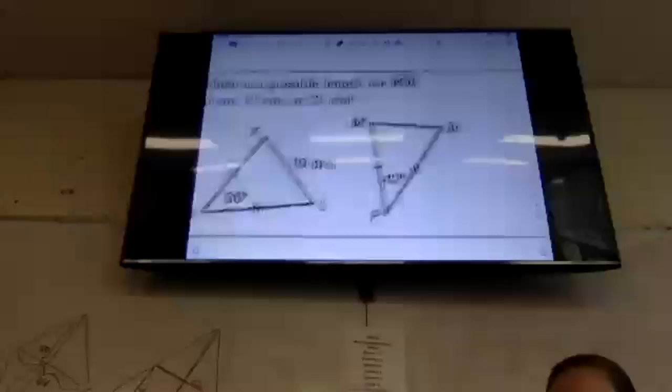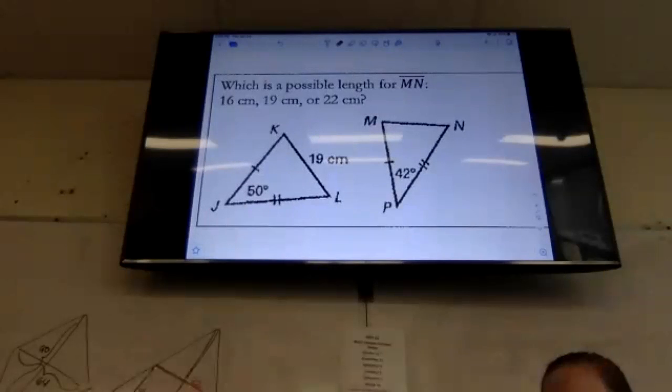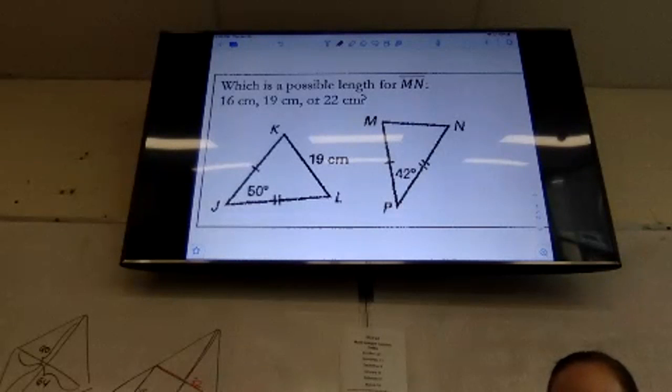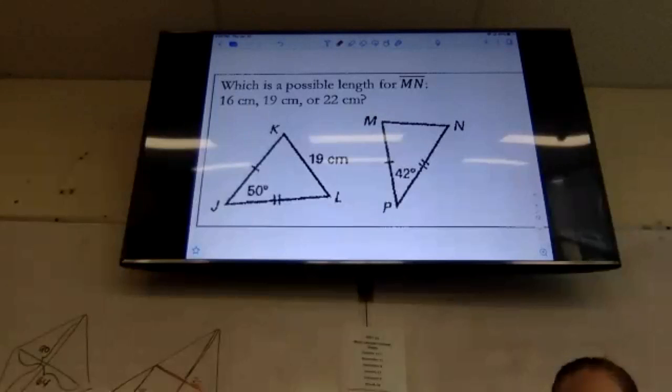All right, last 2. This says, which is the possible length for MN? Is it 16, is it 19, or is it 22? 16.